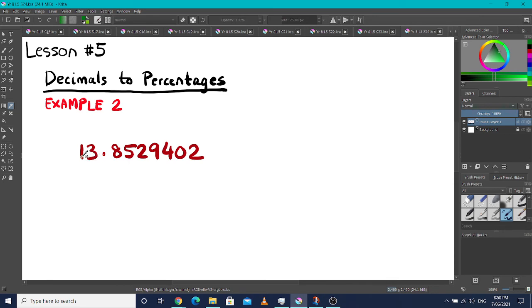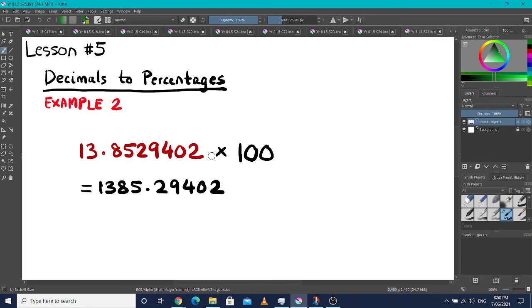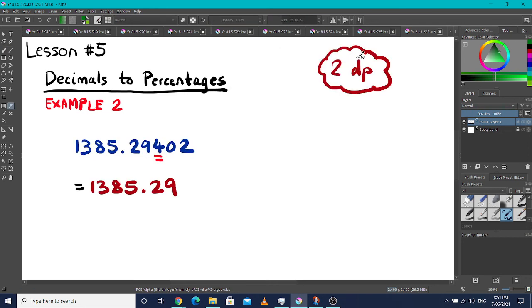And then example 2, we have the decimal 13.85294002. Remembering that we want to multiply by 100, we get 1385.294002. Remembering to round to 2 decimal places, the number in the third position after the decimal is a 4, so we round down.